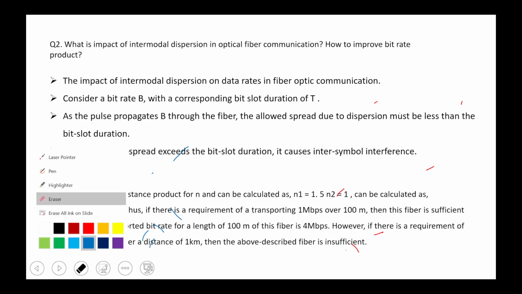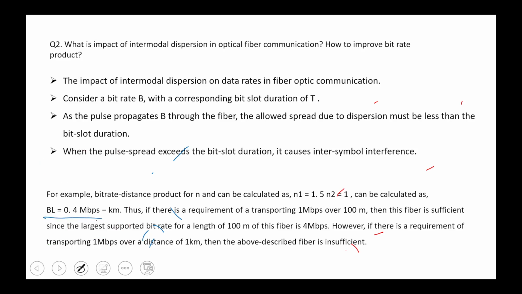So it will easily transmit the signal over 100 meters. However, if there is a requirement of transporting 1 Mbps over 1 kilometer, then the above described fiber is insufficient. You can understand the significance of the bit rate product.